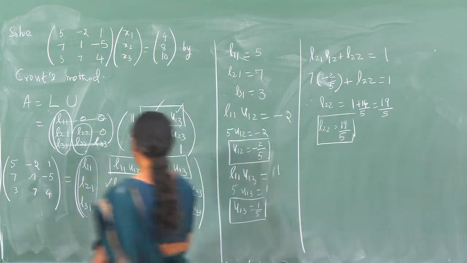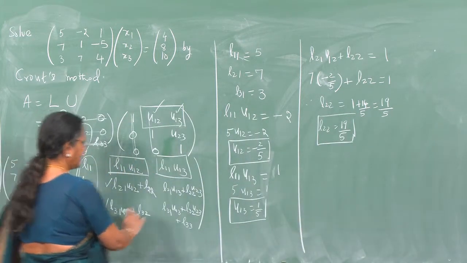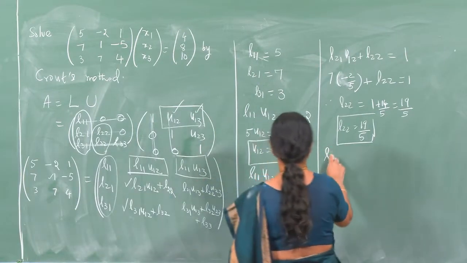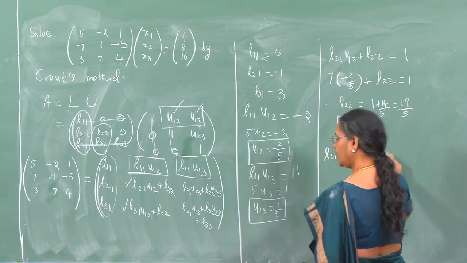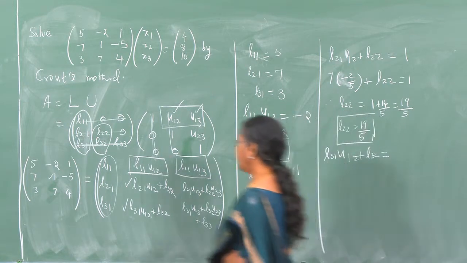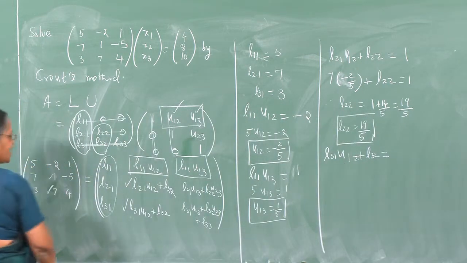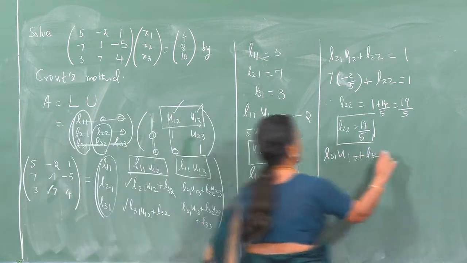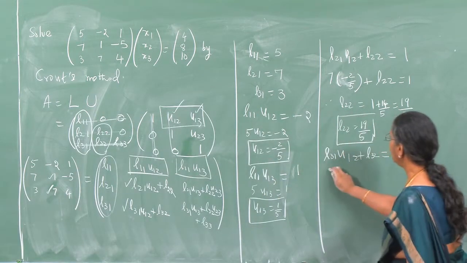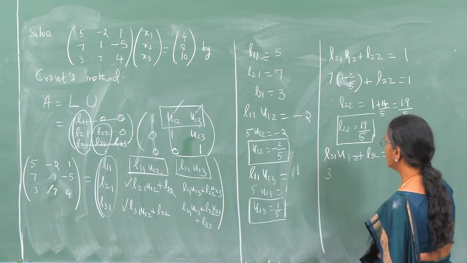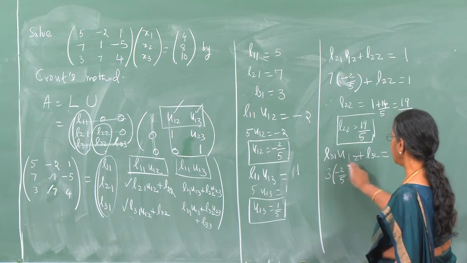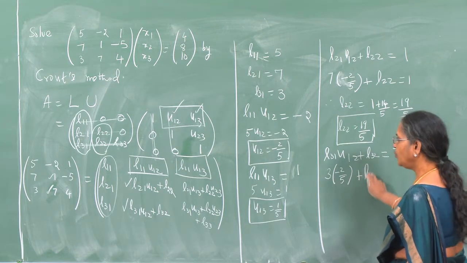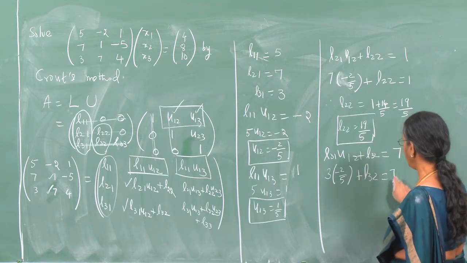Then we move over to this: L31 U12 plus L32 is equal to the corresponding entry, which is 7. I know what is L31 and I also know U12, which is minus 2 by 5, but I do not know what is L32.